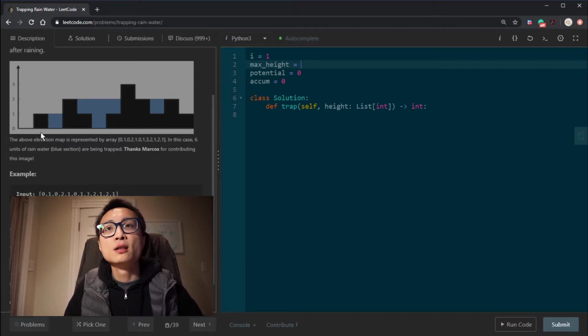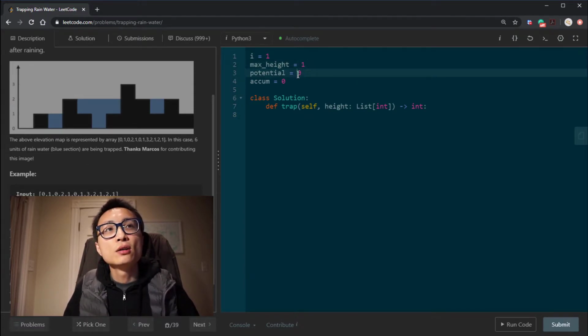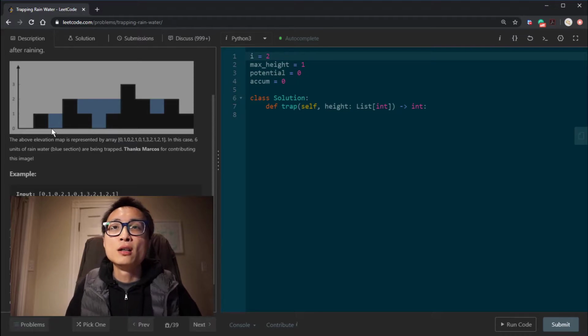We find a land of height 1. There's not going to be any water accumulating yet. There's no potential yet. But when we move to 2, we find that the height is 0. So it's smaller than the current maximum height. So we have the difference, 1 minus 0, as the potential.